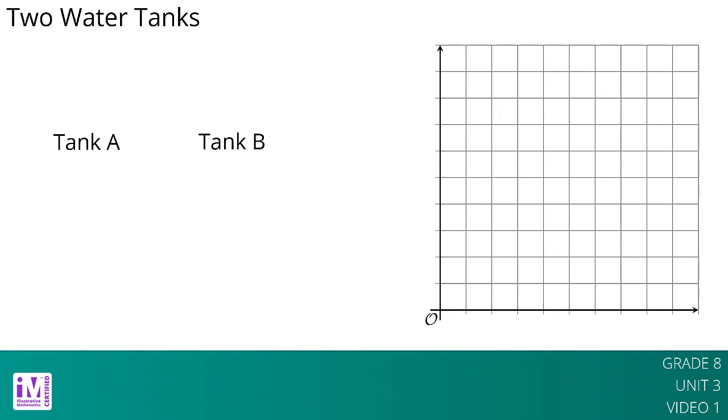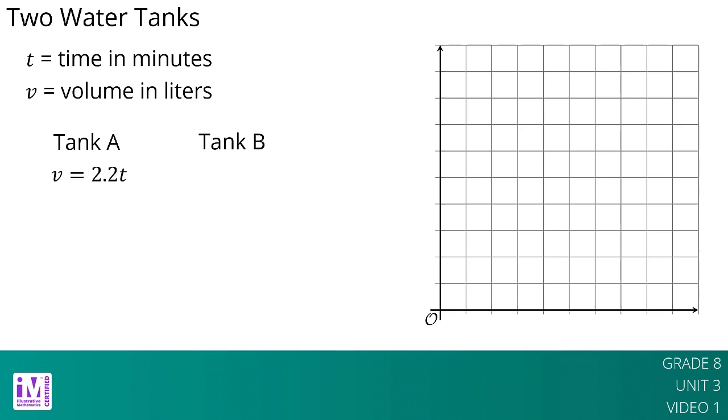But the graph of a line on a coordinate axis without scales or labels isn't very helpful. For example, say two water tanks are filled at different constant rates. The relationship between time in minutes, T, and volume in liters, V, of tank A is given by V equals 2.2T.